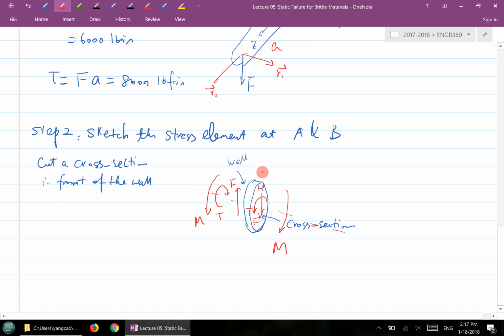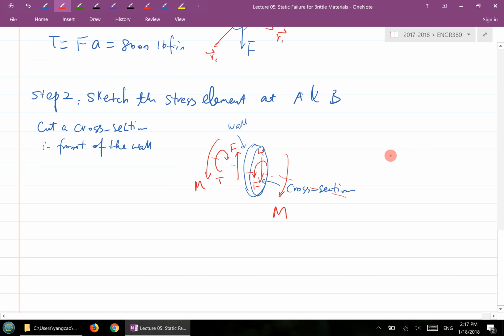Okay, stress element. So let me redraw this here again, just for the stress element. So here is one location, and here's another location. I'm going to draw the stress element. At location A, you draw a little rectangle.